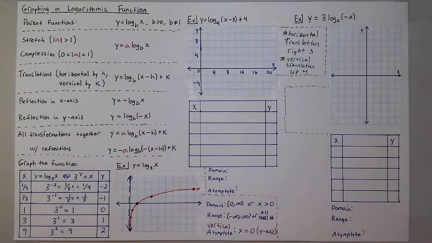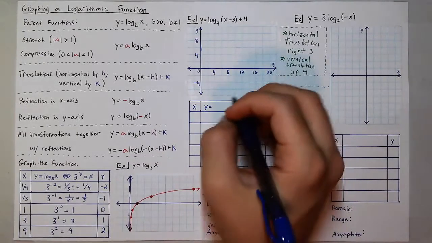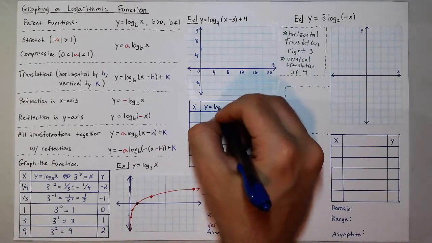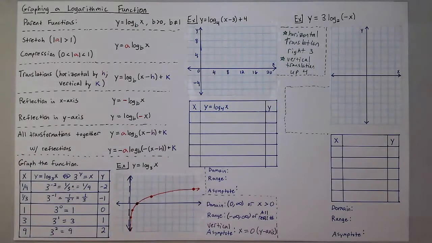So now that I know how the function's transformed, we're actually going to look at the parent function first, and then we'll find the actual function.